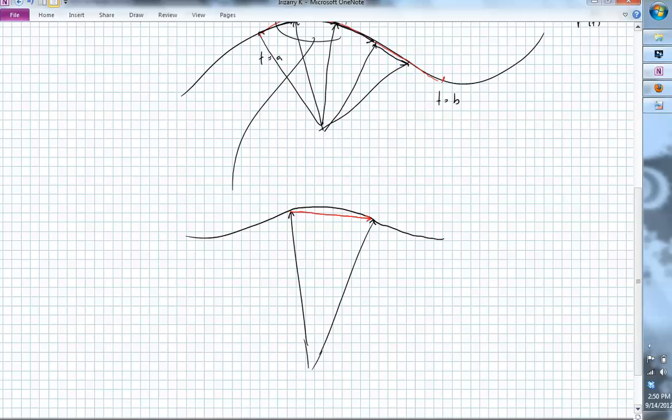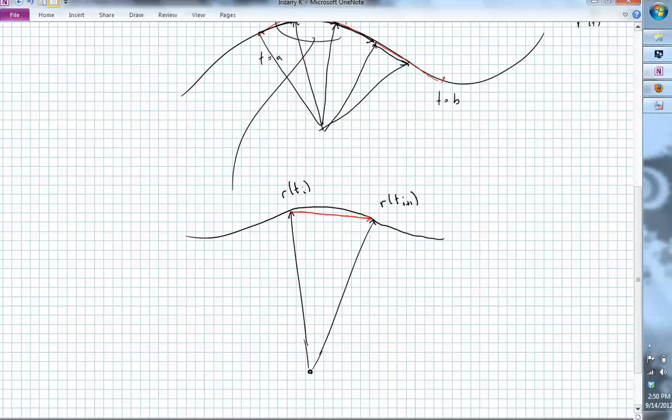And I'm going to shorthand some of this stuff just for the sake of time. I'm going to say that this is the position at r(t_i), and this is the position at r(t_{i+1}).